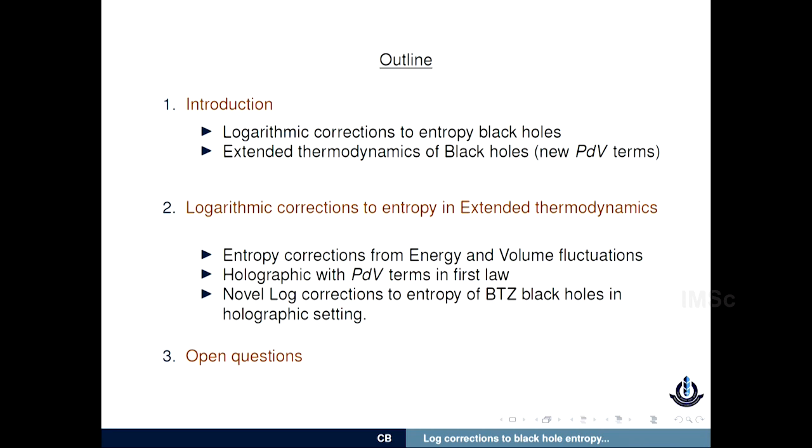This part is new, and then discuss holography with these new pressure and volume terms. Towards the end, I will mention some novel logarithmic corrections to entropy of BTZ black holes in a holographic setting, which is a new setting, and we'll discuss that as well. And I'll end with some open questions.